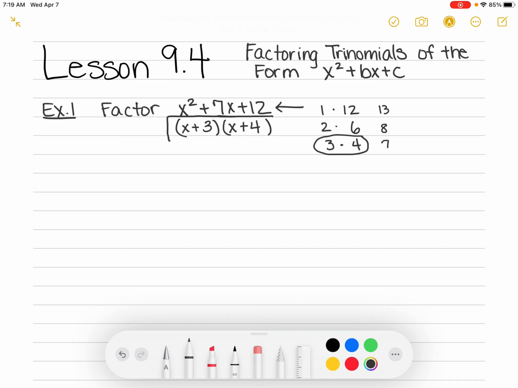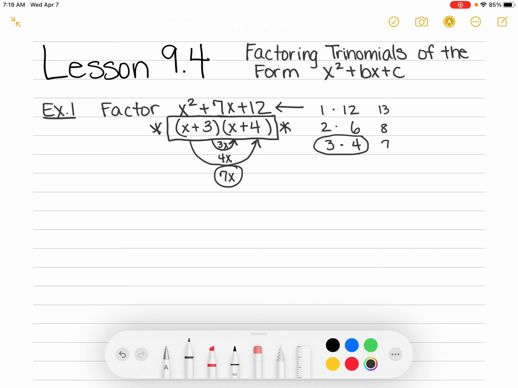And then to find the middle one, this is the one we're going to be talking about the most, finding that middle one and checking it, you have to do your insides and outsides. So if my inside is 3x and my outside is 4x, that equals 7x. I have the right check. That's the right term in the middle.